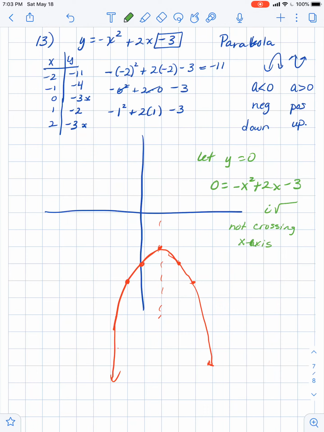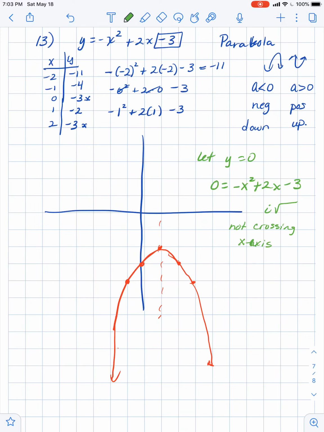So in this problem, the t-table was the better method to do. Now remember this, t-tables work all the time. As long as you put the numbers in and you simplify them correctly, t-tables always work. So if you're ever graphing anything and you are unsure of a shorter method, run a t-table.